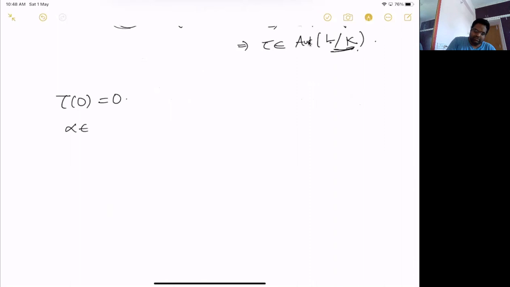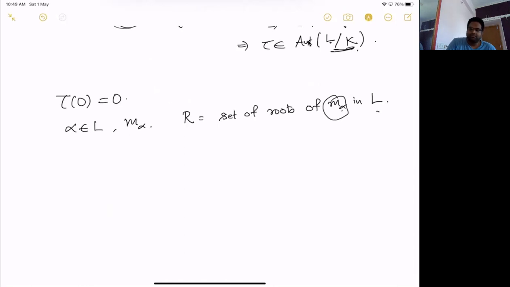Suppose alpha is a non-zero element of L, and let m sub alpha be the minimal polynomial of alpha over K. And let R be the set of roots of m alpha in L. I'm not saying that all the roots of m alpha are present in L. I'm just saying all the roots of m alpha which are present in L. That's all. But I know that the set of roots contains at least alpha, because alpha belongs to L.